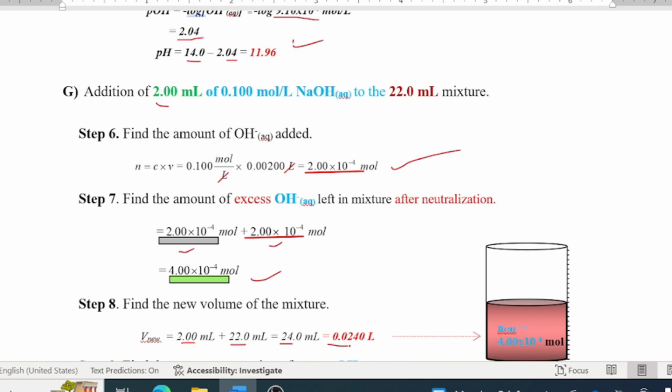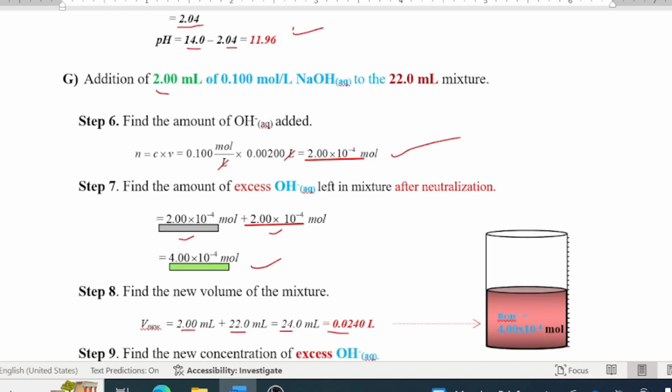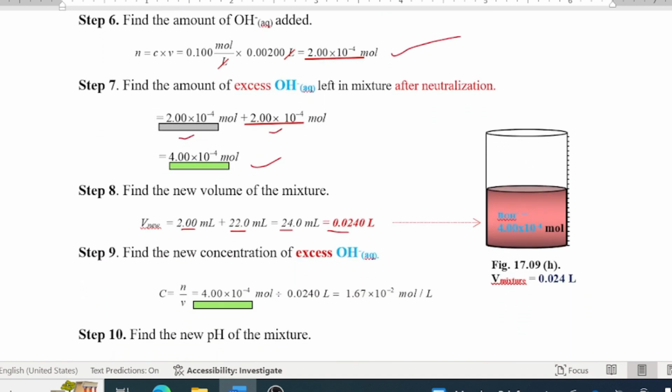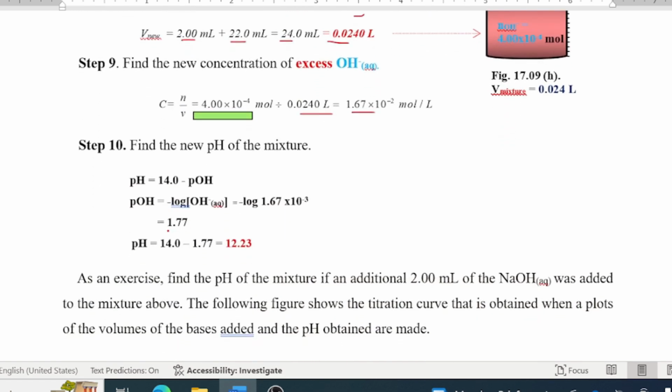So you can find the new concentration of the OH, n over V. n is this, V is this, the new volume, and you end up with this. Do a pOH for that. pOH is equal to the negative log of that. Subtract from 14, and you have a new pH.